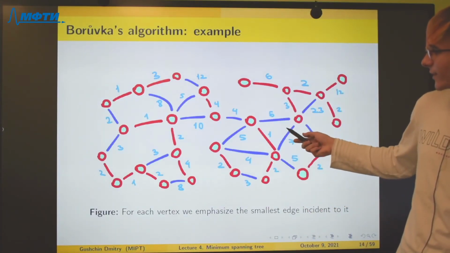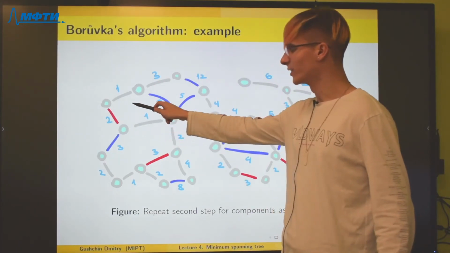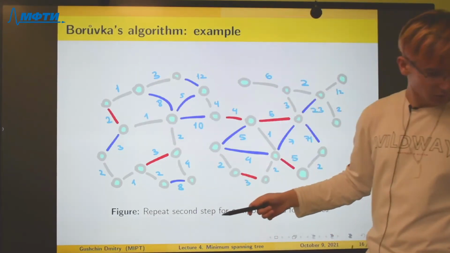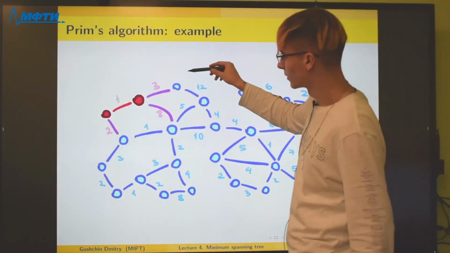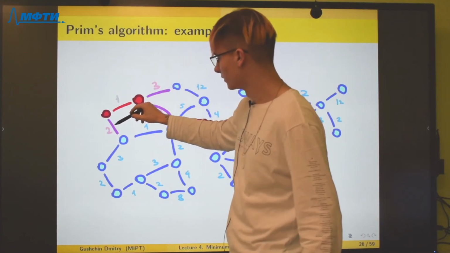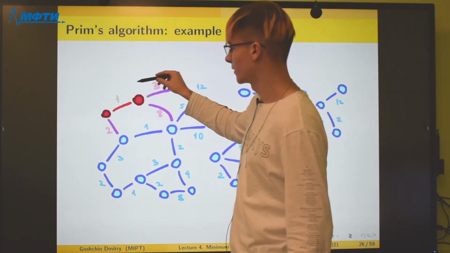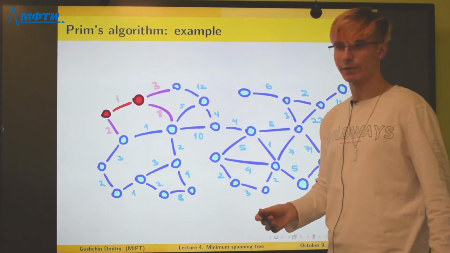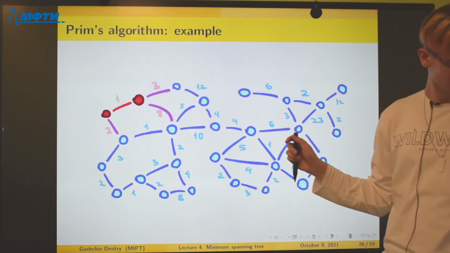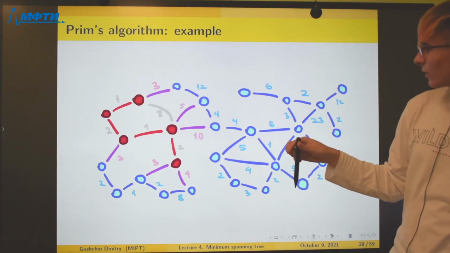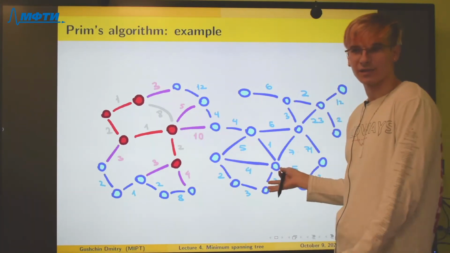In Boruvka's algorithm we add edges between different components. In this case, we add edges that are in the cut, where in one part we have a tree, and in the other part another subgraph. And you can see, for example, that part B in this cut isn't connected.